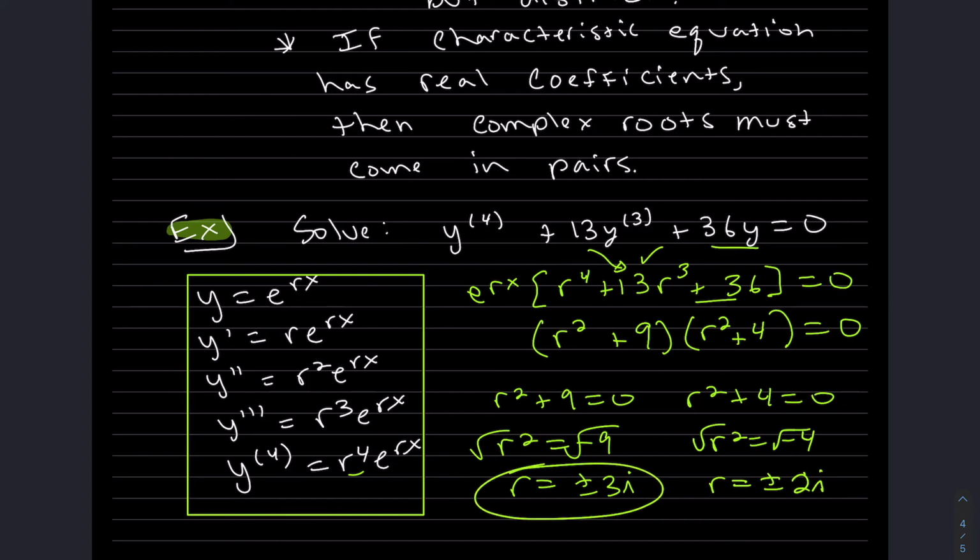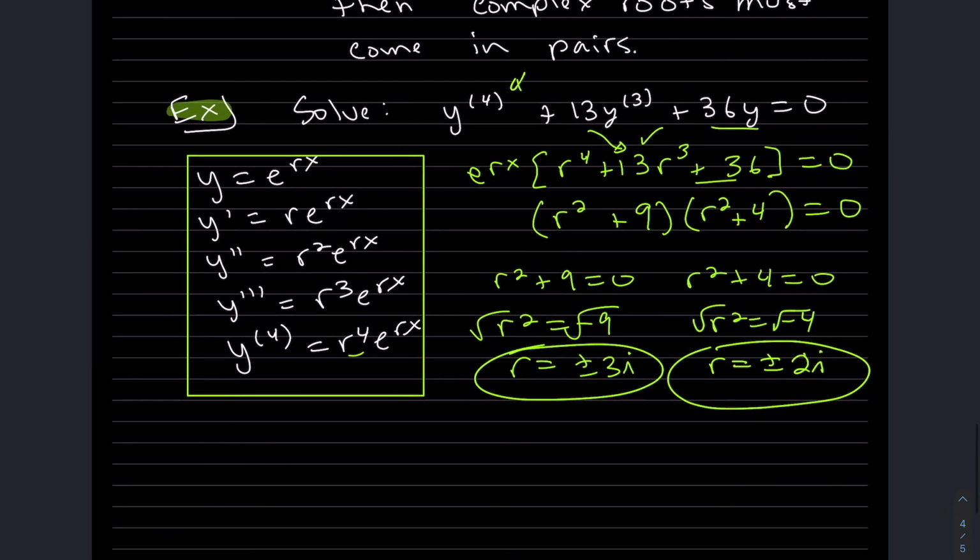Okay, so we have 4 solutions. You always should have 4, even if they're repeated. Get your multiplicities in there, so that way we'll have 4 independent solutions in our fundamental set.